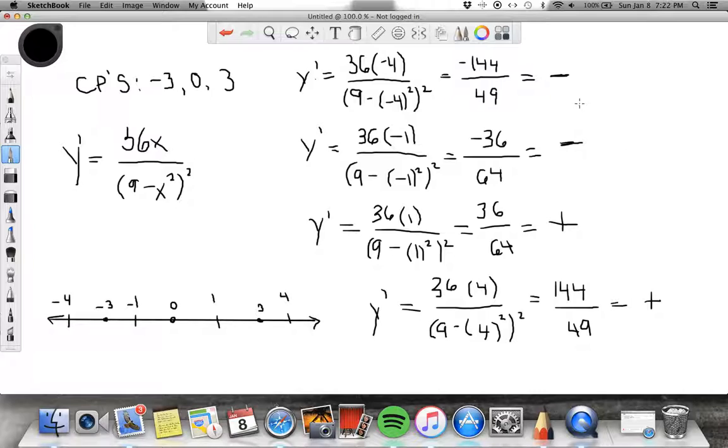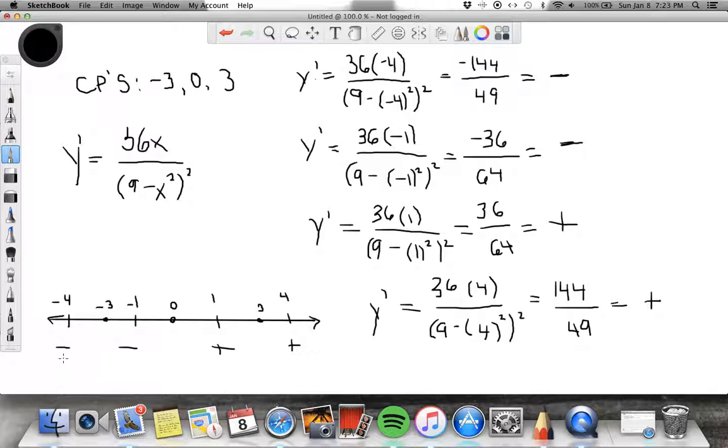So we're going to take these. We have a negative value at negative 4 when you plug it into the derivative. You also have a negative value at negative 1 when you plug that into the derivative, and you will get a positive value at 1 and 4 when you plug both of those into the derivative. Now, using these signs, we'll be able to tell where the function is increasing and decreasing on the graph over which intervals.